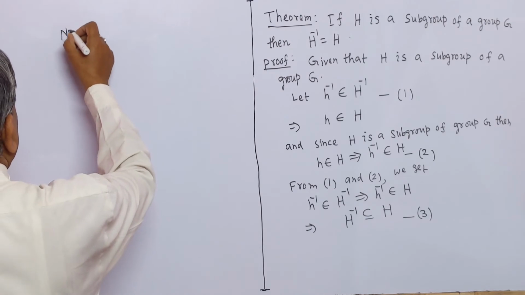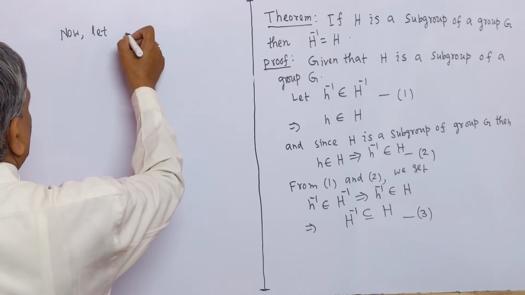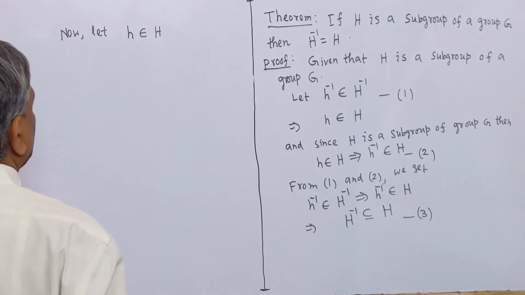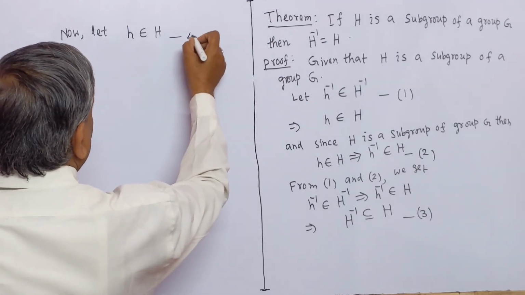Now, let small h belong to capital H. This is number 4.